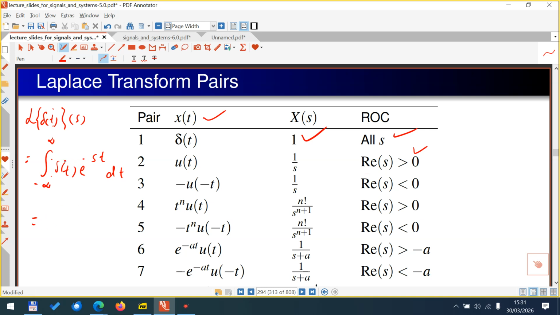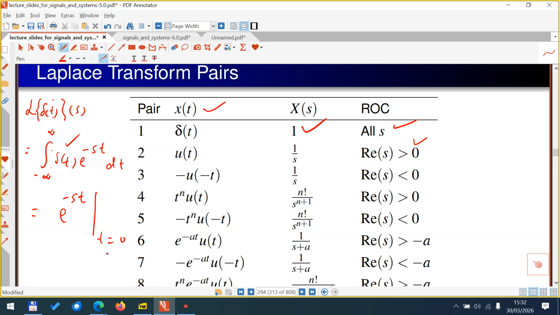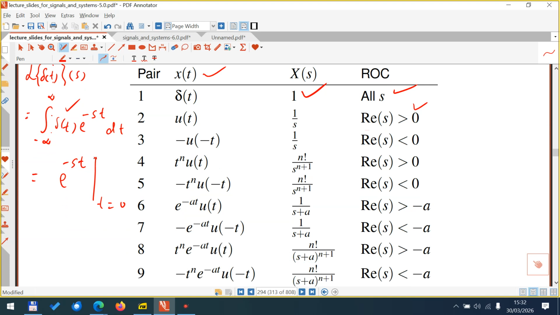Tell me which property of Dirac delta do I need to solve this integral? Shifting. That means that the function multiplying delta only matters where the delta is. And where is delta? t is equal to 0, right? So that function e to the minus st only matters at t equal to 0. Just the shifting property. I don't care about the integration. So I get 1, right?